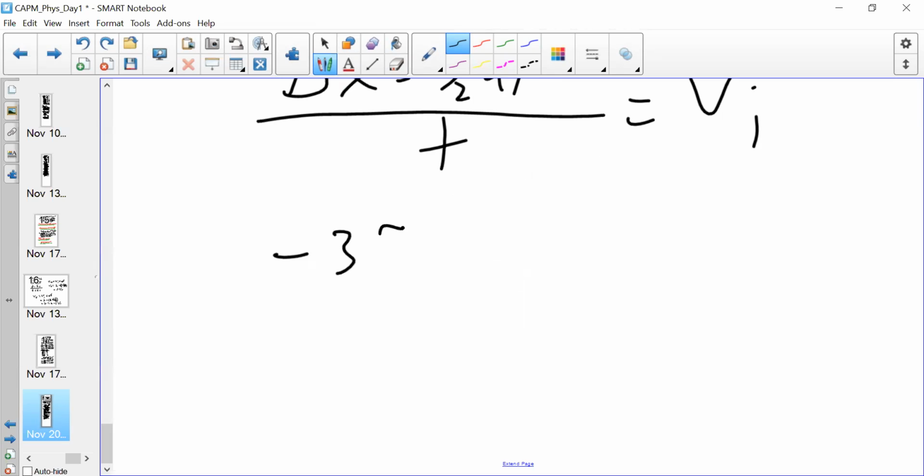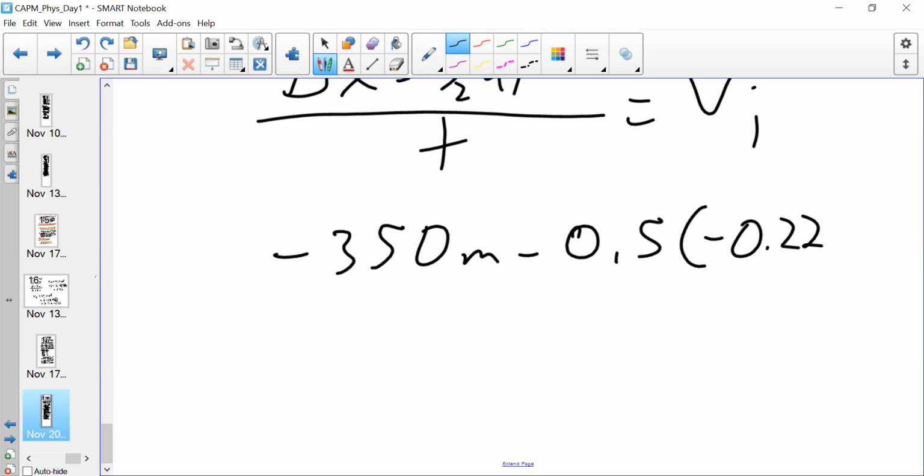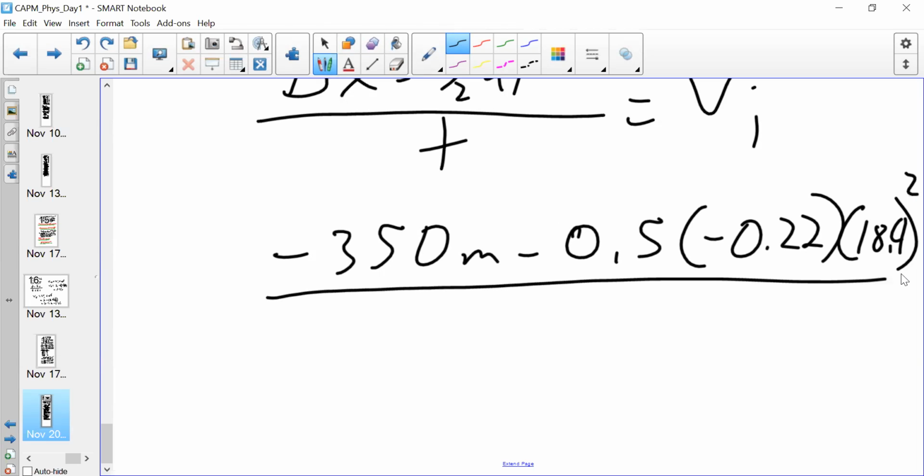So we have negative 350 meters minus 0.5, that's one half, times negative 0.22 times 18.4 squared. Divide that by 18.4.